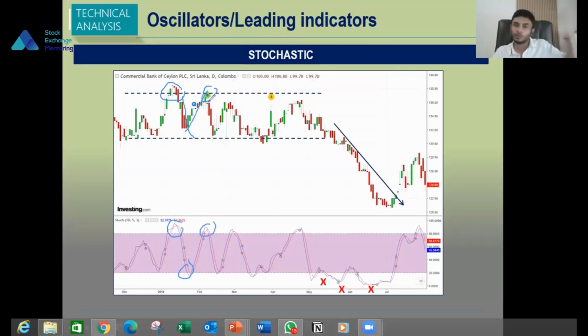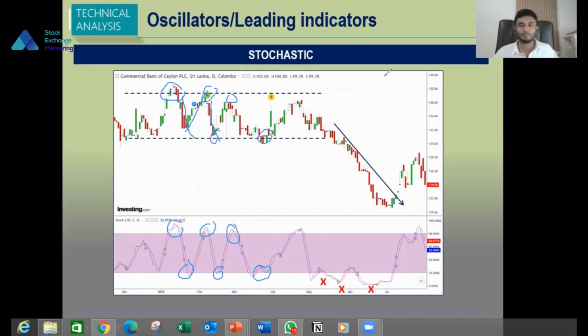Based on that overbought you sell. Then again it goes to oversold levels, you identify the oversold based on your indicator and you buy again. Again it goes near the upper level of the range, and based on that overbought signal you exit. Then again it goes to oversold levels, and based on the indicator you buy. So within this range pattern, the indicator is comfortably showing you nice signals of overbought and oversold.